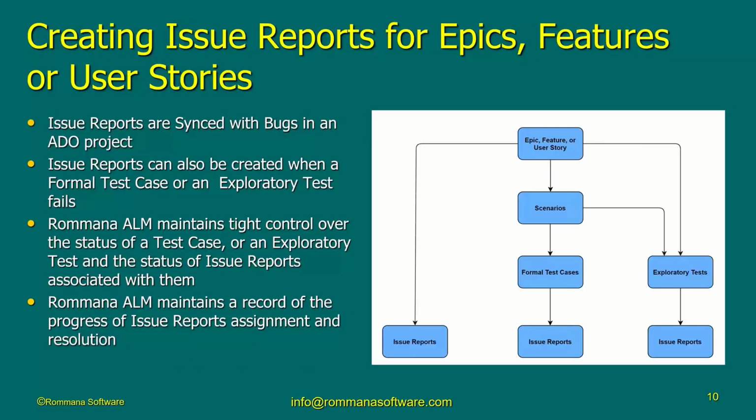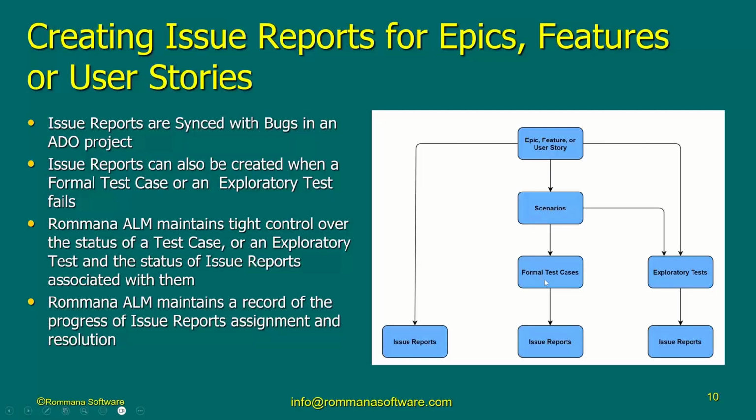How do we create issues for epics and features and user stories within Rommana ALM? Remember, I said the issues and the bugs that existed in your project in ADO have already been brought into Rommana ALM. But once you start using Rommana ALM, you start running your test cases like here. This part of the diagram is in the previous slide.